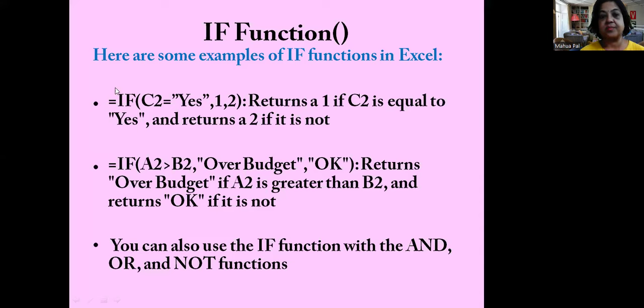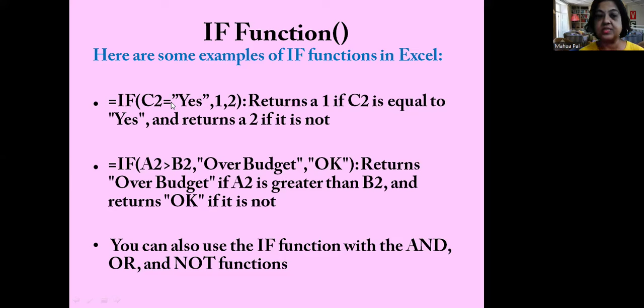The first example, which is the simplest one, what is written? Equal sign, which must be typed before any Excel function. Then we have mentioned IF, and within parentheses, the arguments are, in the first place, C2 equal to, within double quotation, yes.